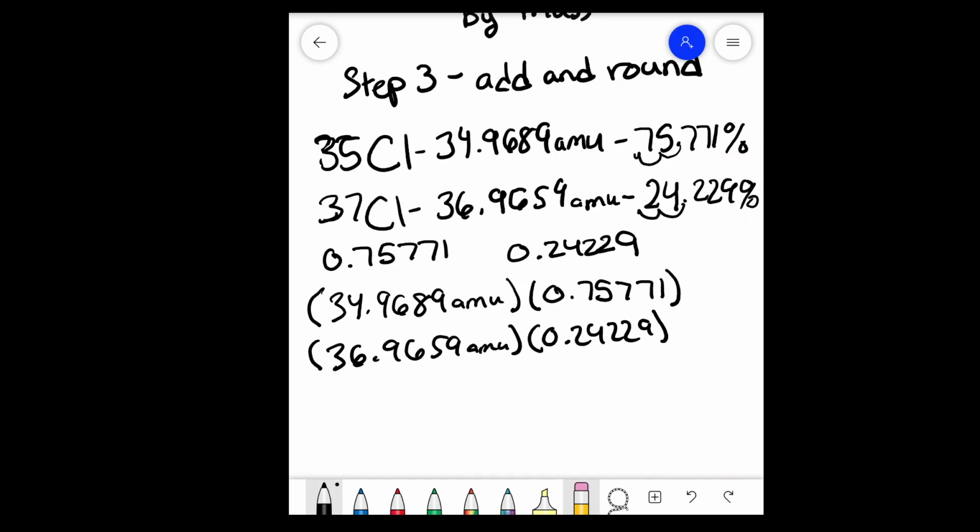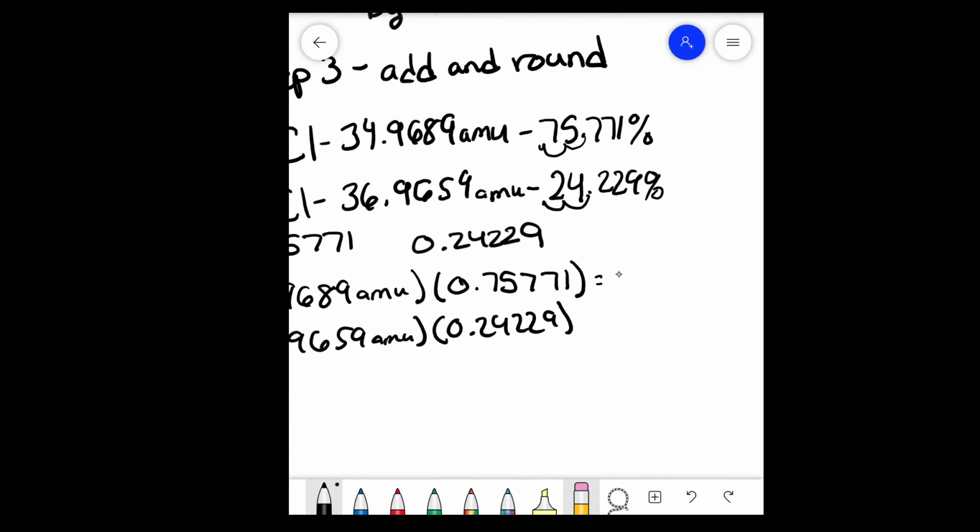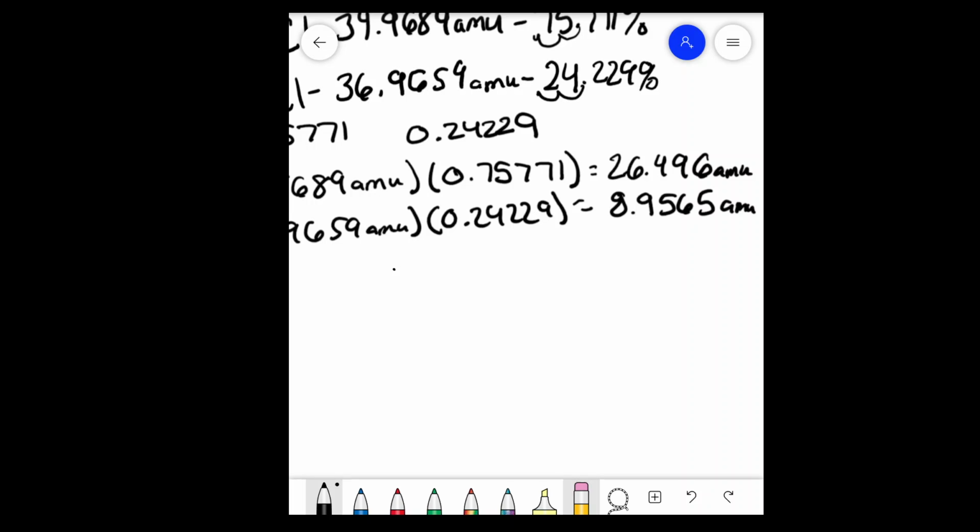Okay, now we need to get those numbers. So this equals 26.496 AMU, and this equals 8.9565 AMU. So now we're just going to add those numbers.